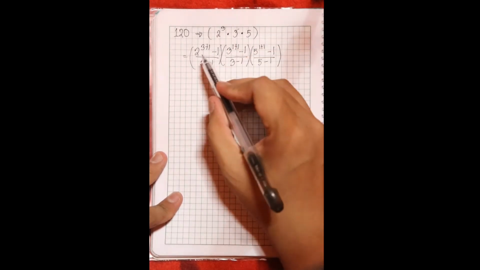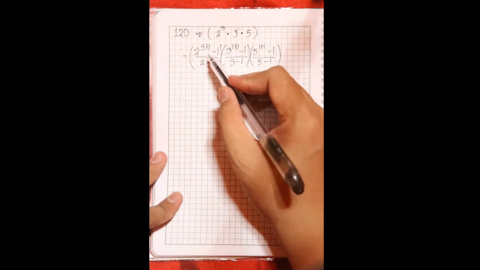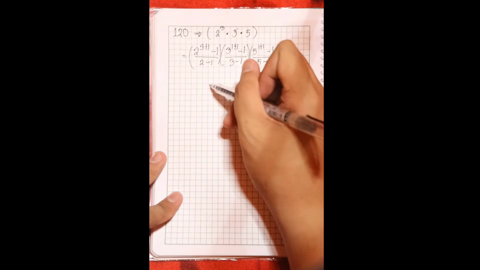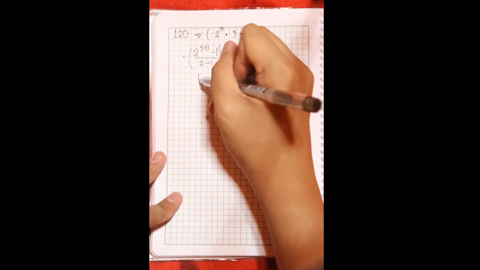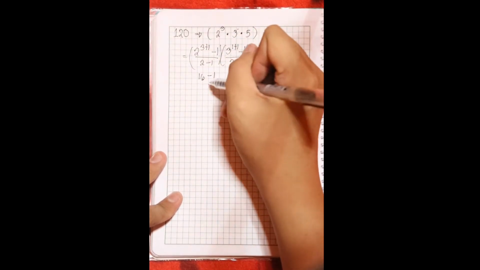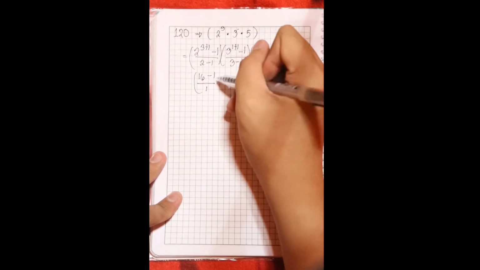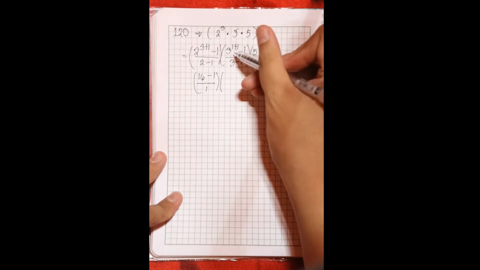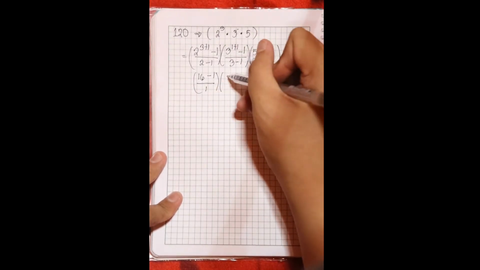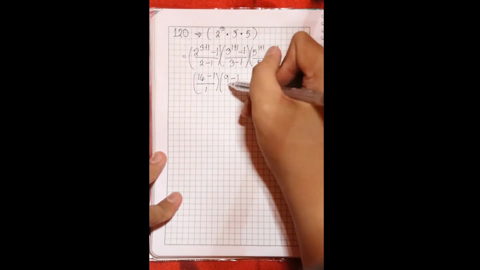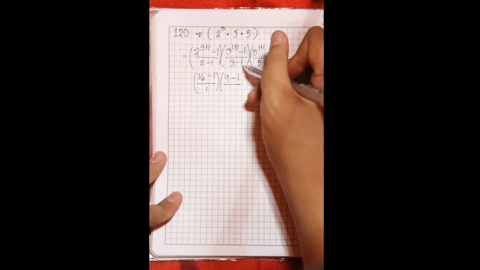Next step, 2 raised to 4 is 16 minus 1 all over 2 minus 1 is 1. Next, 3 squared is 9 minus 1 all over 3 minus 1 is 2.